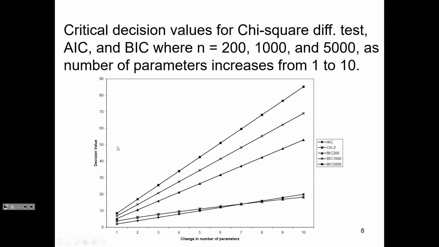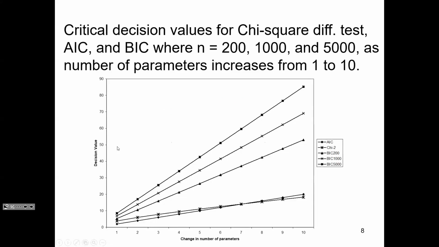Okay. So now this graph is showing again the 3 different BIC values, the chi-square difference test, or the likelihood ratio test, and the AIC, looking at the critical decision values as the number of parameters increases from 1 to 10. The important point here is that the critical value of chi-square changes, right?